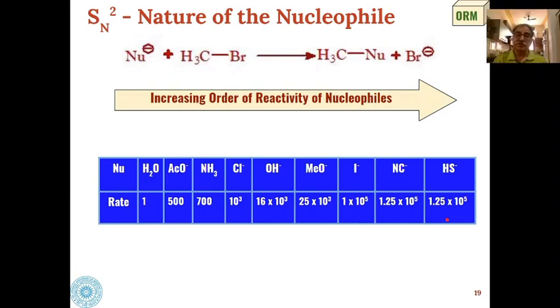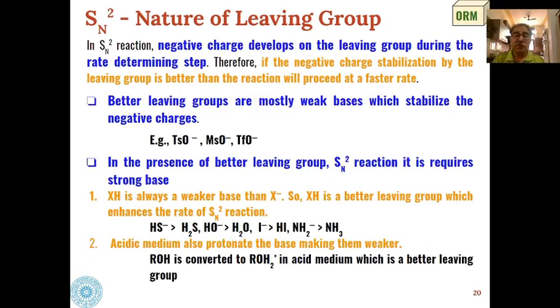Then there is the nature of the leaving group. That also affects very much the rate of SN2 type of reaction. We know that negative charge develops on the leaving group during the rate determining step. So in the transition state, there will be a development of negative charge on the leaving group.